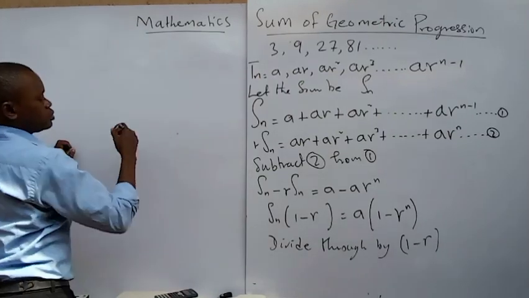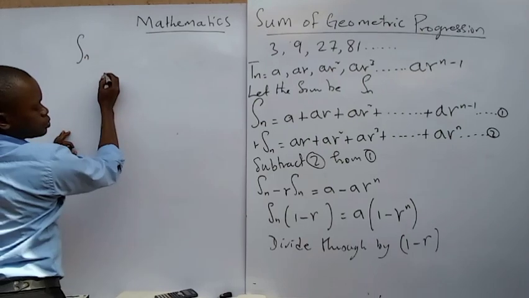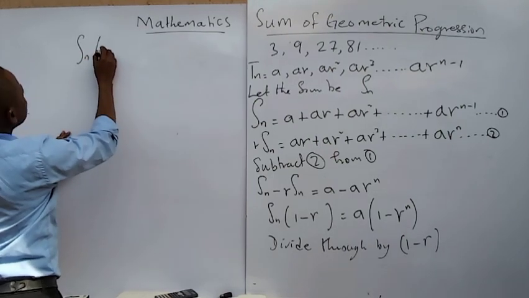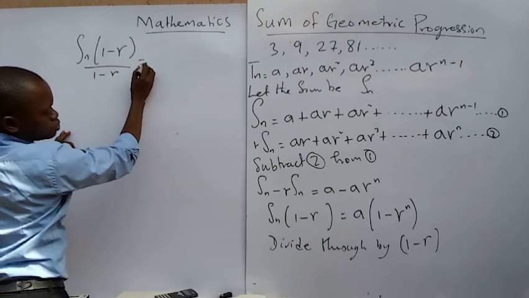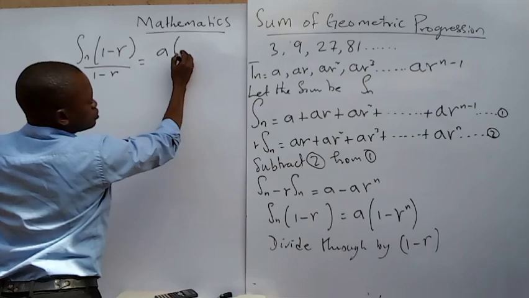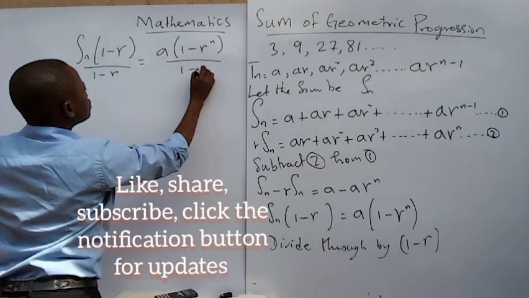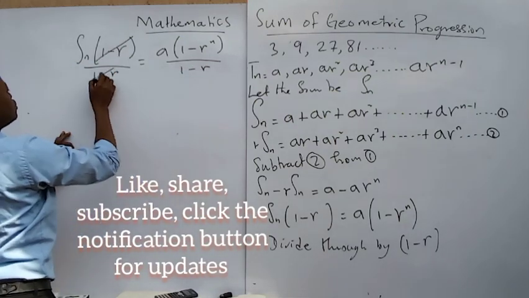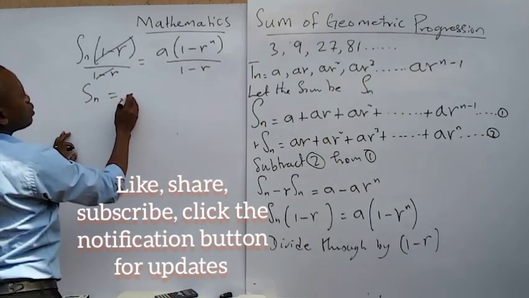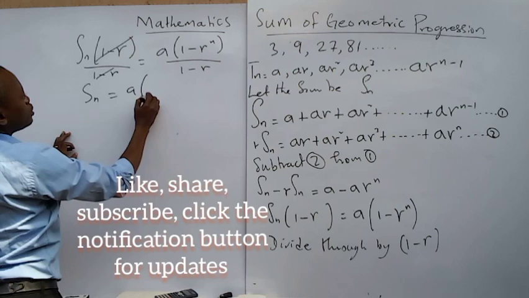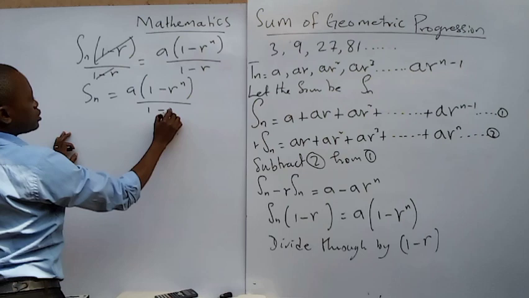You will get Sn into 1 minus r all over 1 minus r equals a into 1 minus r raised to power n all over 1 minus r, so that this will cancel this, and finally what you have is Sn equals a in bracket 1 minus r raised to power n all over 1 minus r.